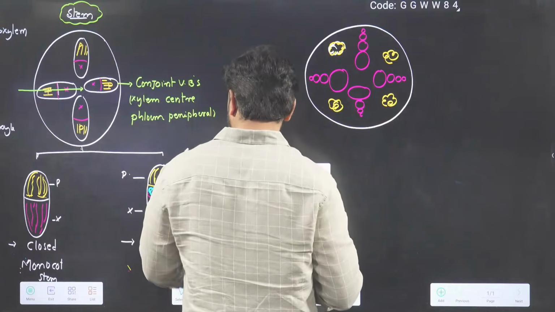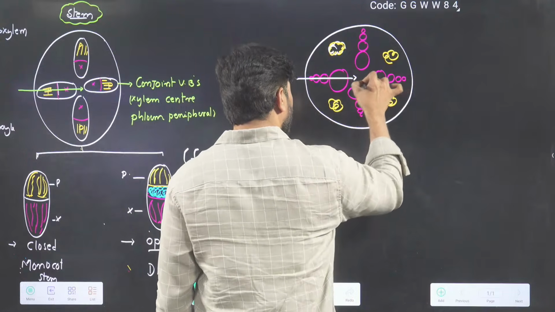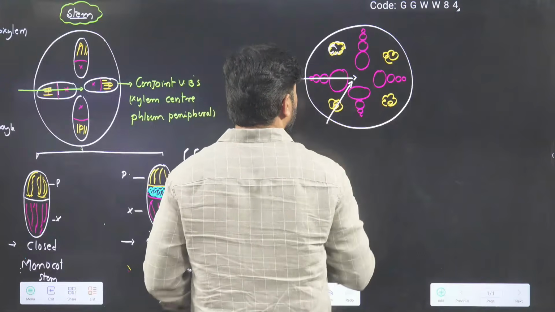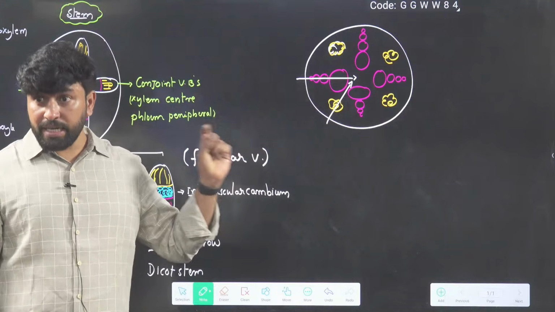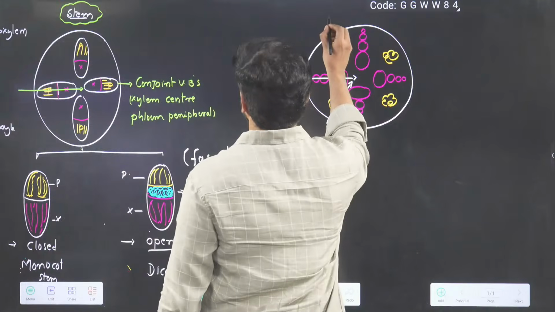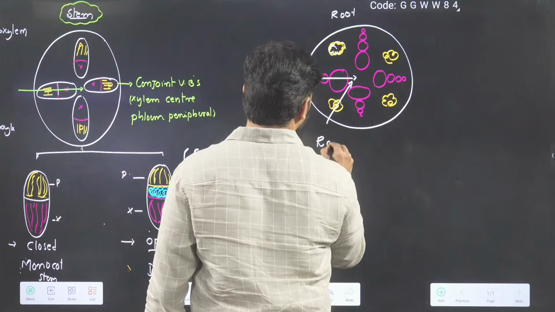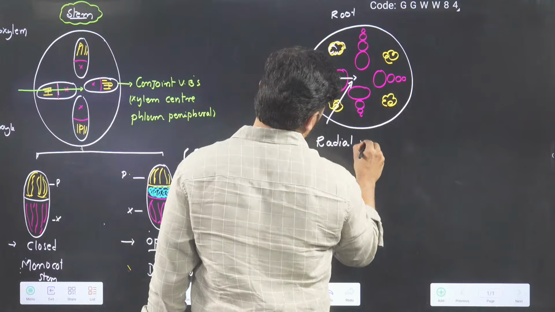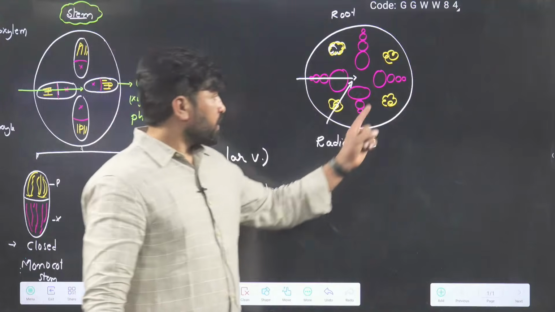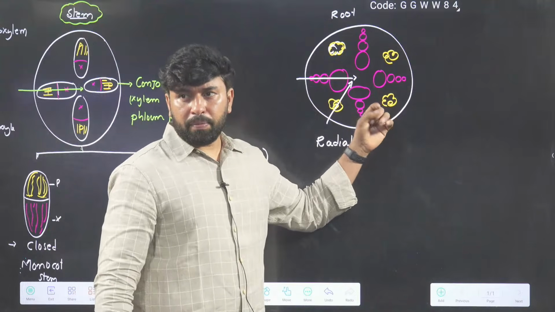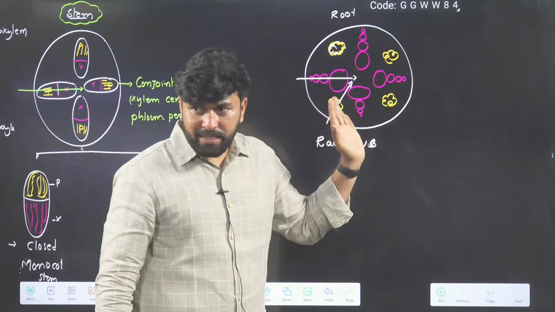Xylem is in one radius. If I draw radius on this, xylem is in one radius, phloem will be on another radius. Xylem and phloem are not found in the same radius. This kind of vascular bundles are characteristic to root. They are called radial vascular bundles. You can say that xylem, phloem are present on two different radii, but between them empty space doesn't exist.